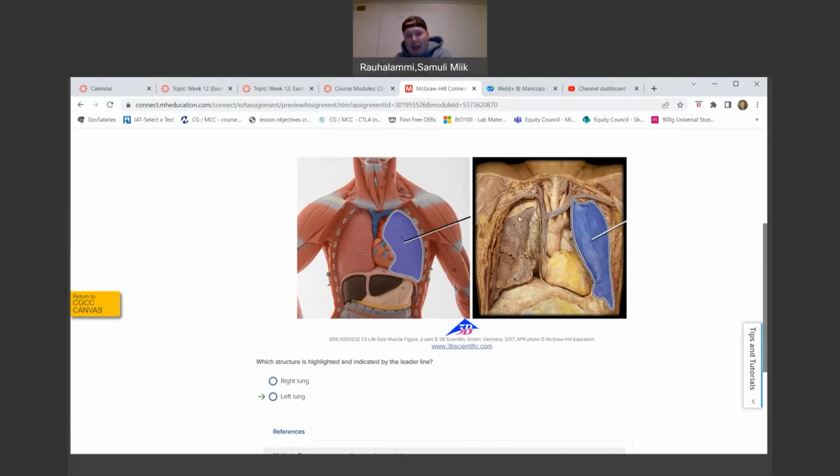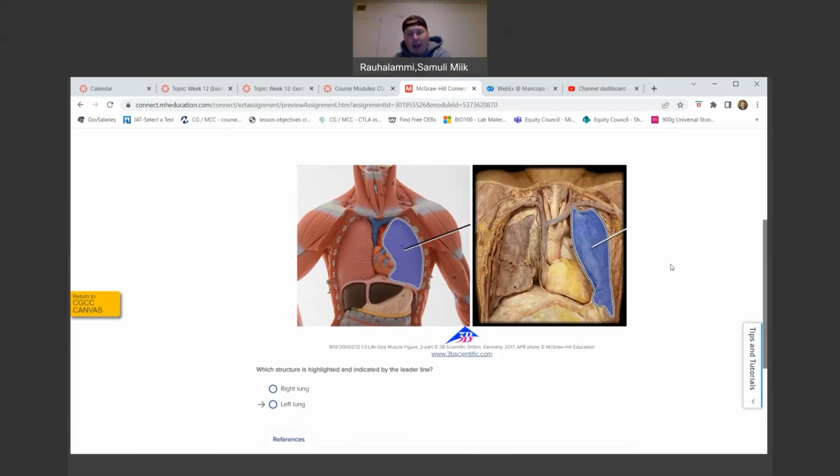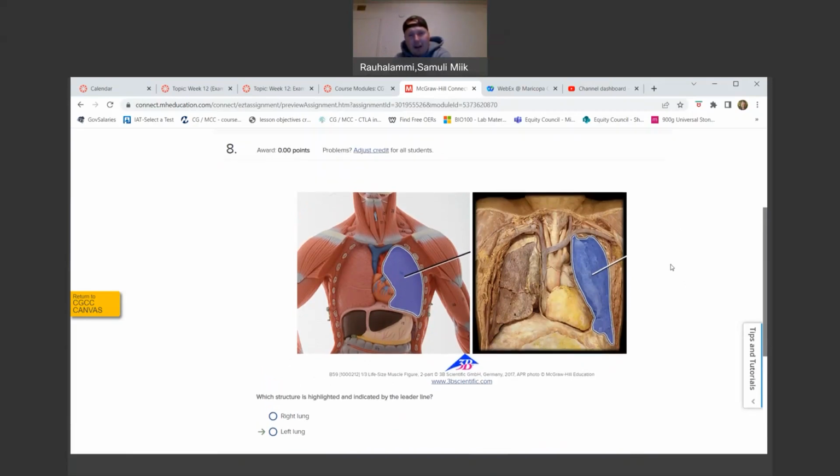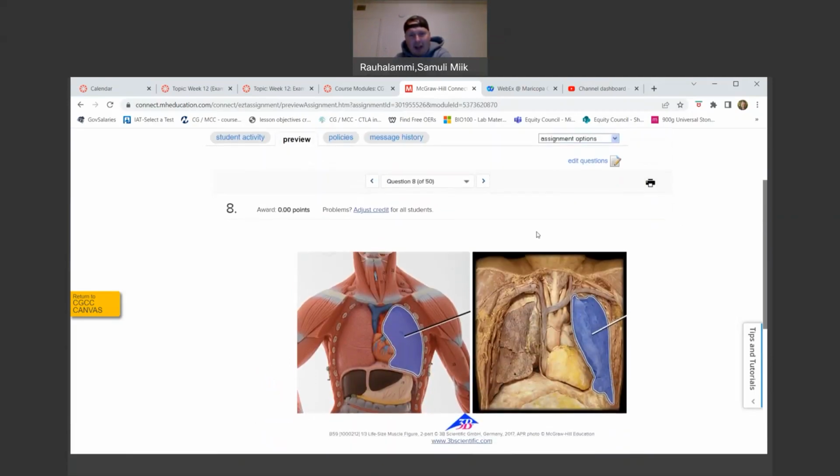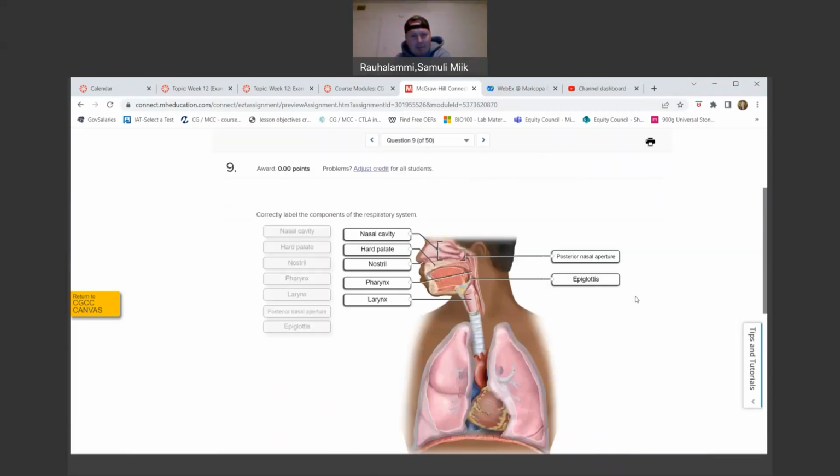Just in the name of transparency, I do want to mention that a lot of the time there is more individual variation. If we have a large enough pool of individuals, we will end up seeing a differing number of lobes of the lung than what you're shown in these generalized reviews and generalized diagrams and models.